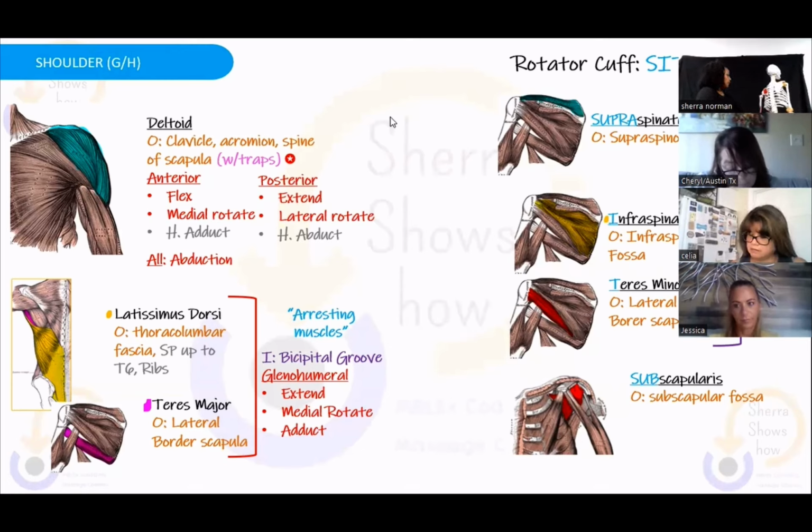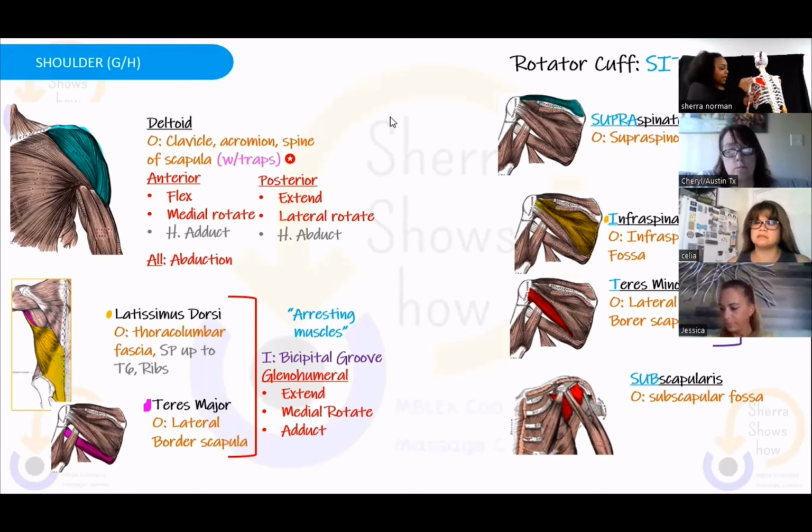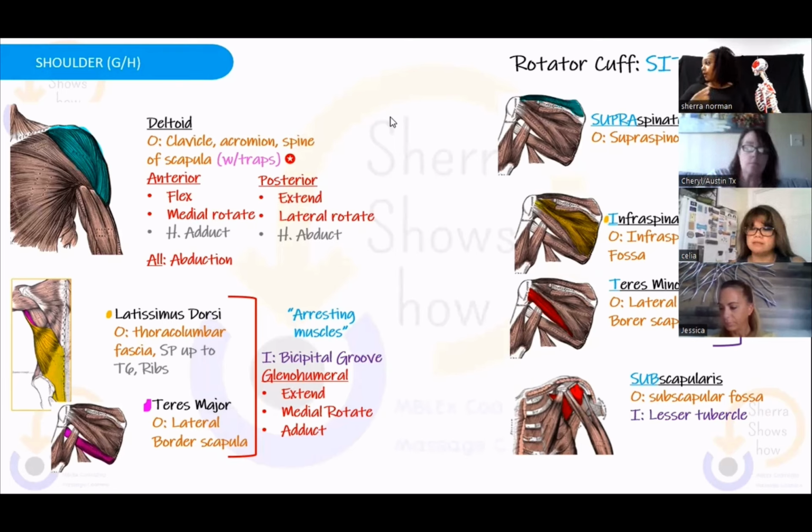If you put your fingers like that, you have SIT on the back, on the top, and then subscapularis in the front on the lesser tubercle. So the SIT all insert on the greater tubercle, and the subscapularis inserts on the lesser tubercle in the front by itself because it's the only one on the front.